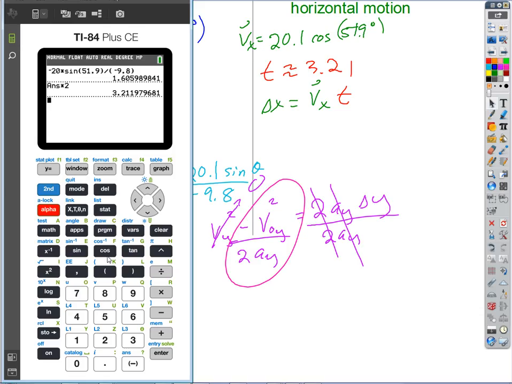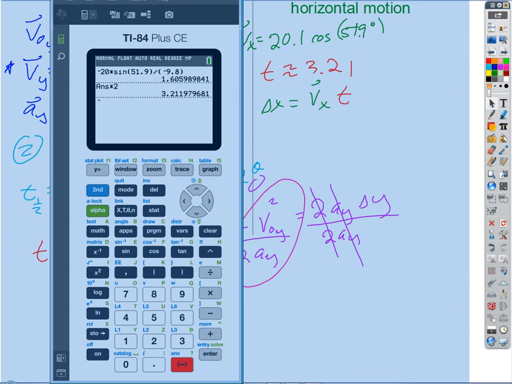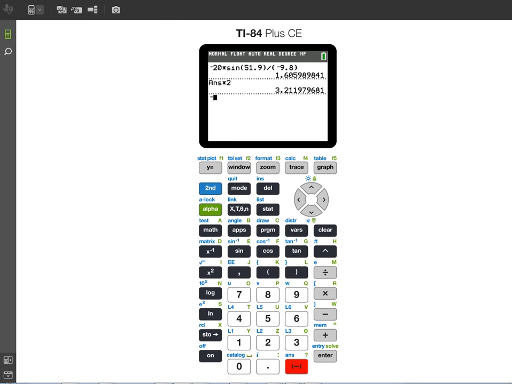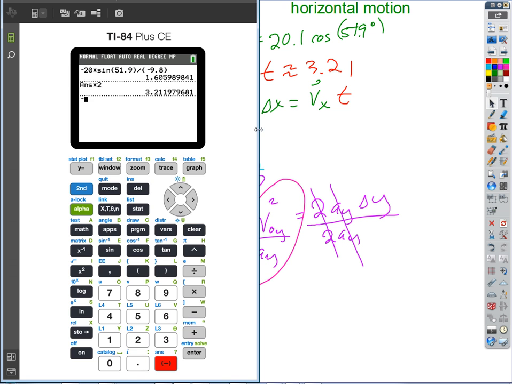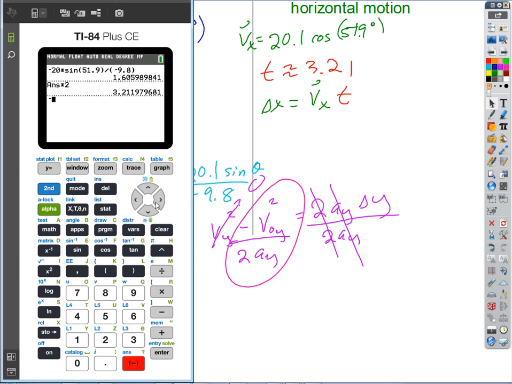If we said negative V naught sub y, which one is that? That's the sine one, right? So it's this number. Gosh darn it. When the whole screen turns blue, it's about to do that. So it's that number right there. Everybody agree? That number squared.